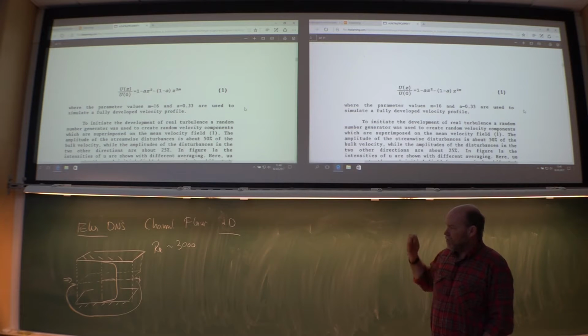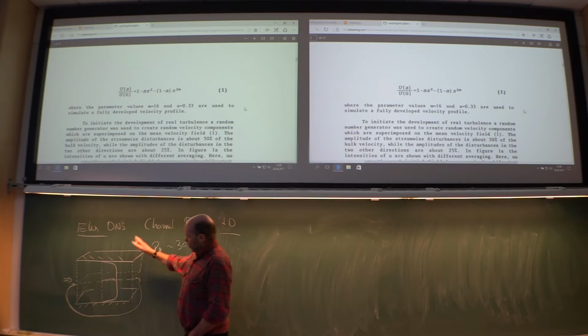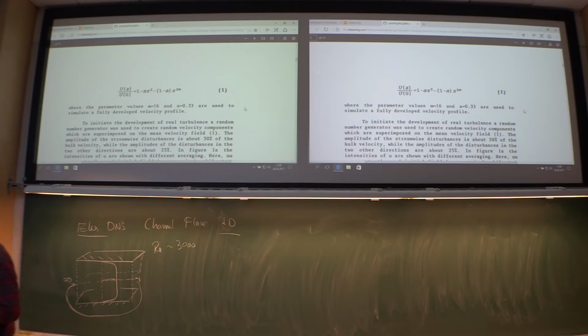So you can do averaging in every plane here in the Z direction from wall to wall. I think I used Z, yes. So you have X, Z, and Y.